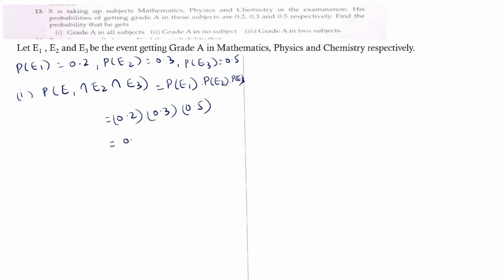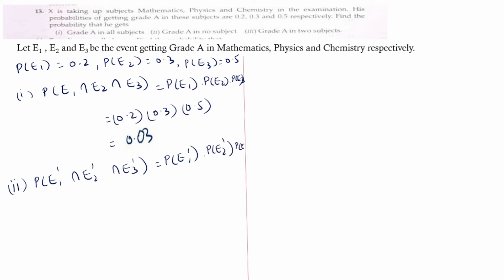So this is equal to 0.03. The second subdivision, grade A in no subject. So grade A in no subject will be probability of E1 complement intersection E2 complement intersection E3 complement. Since these three events are independent, it is equal to probability of E1 complement into probability of E2 complement into probability of E3 complement.